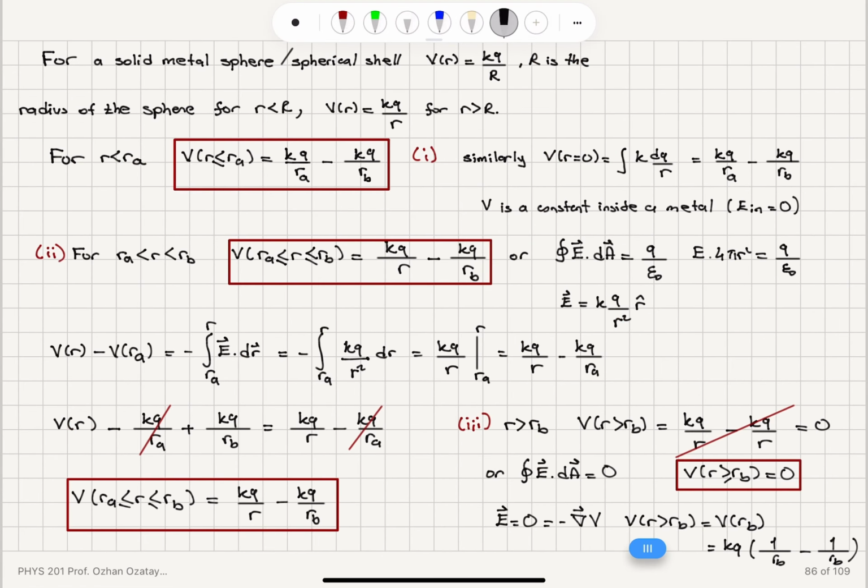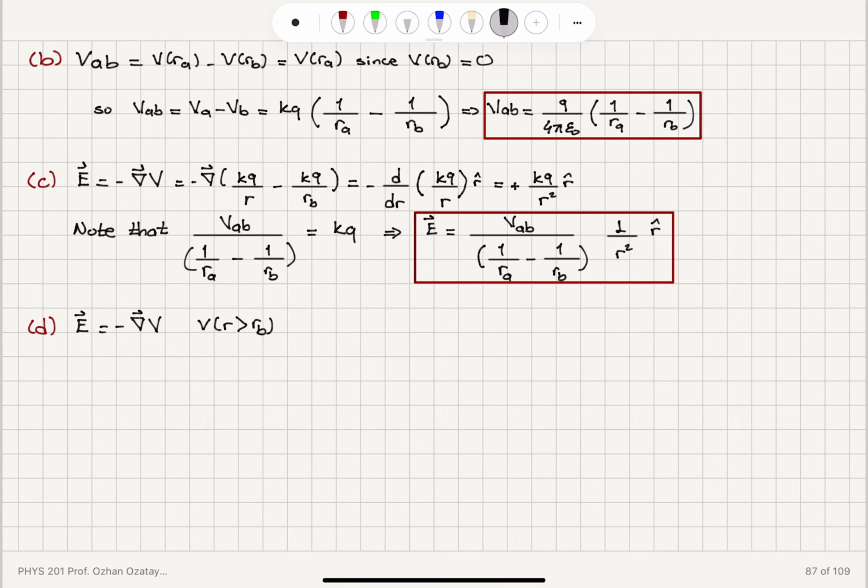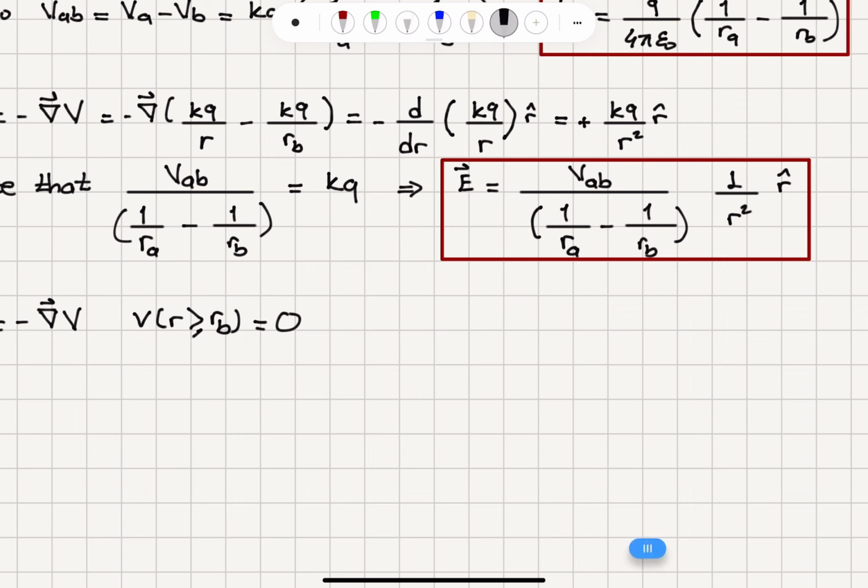So what was it? For R greater than R sub B, we found that the potential is 0. So in this region, the potential is 0. Therefore, the electric field, since the potential is a constant, for R greater than or equal to R sub B, is equal to 0.